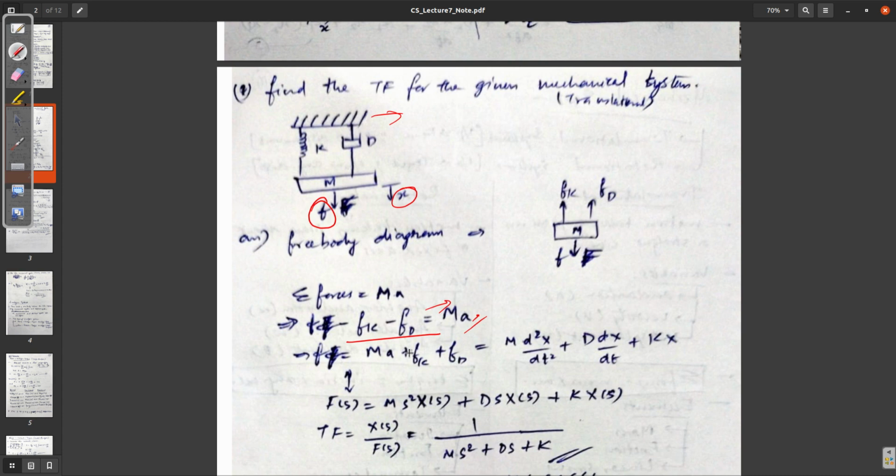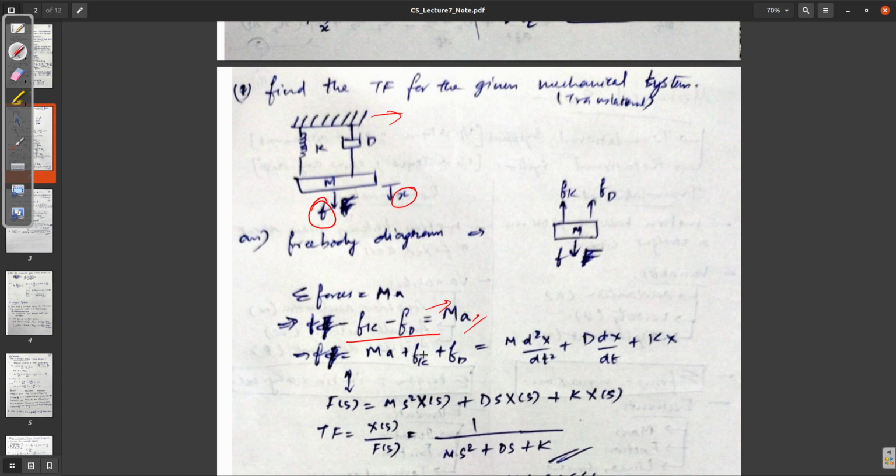Now earlier we have seen the equations representing the force of a spring and a damper. For a damper it was d v, and for a spring it was kx. So everything we are representing in terms of x, our output variable.